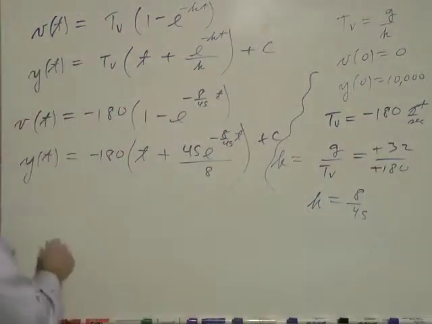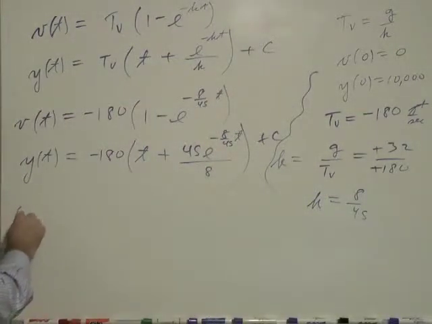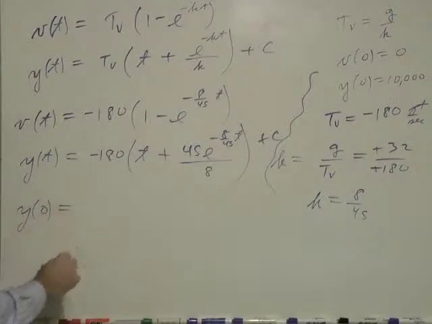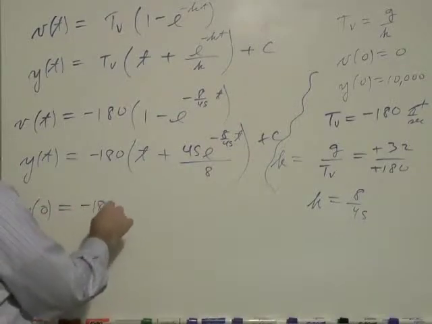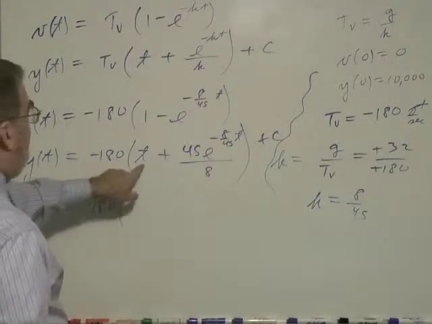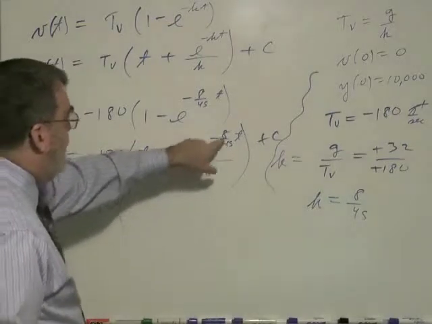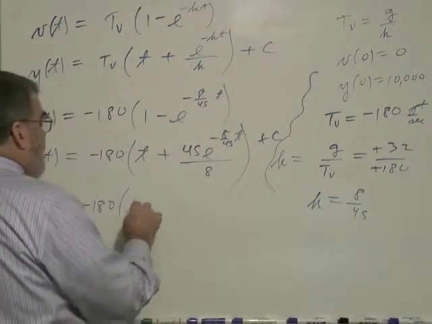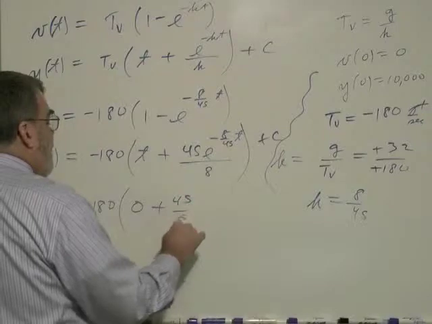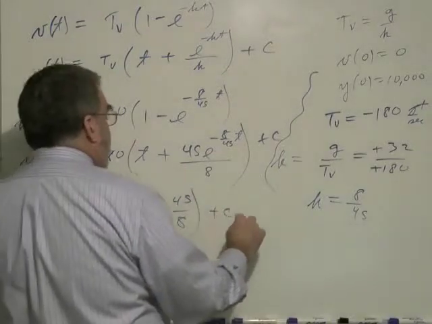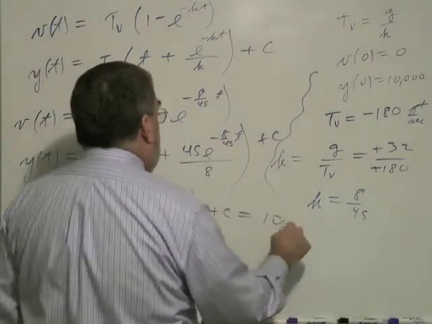So I'm going to plug in 0 for t, and we get minus 180, parentheses 0 plus 1 times 45/8, so that's 0 plus 45/8, plus c is equal to 10,000.